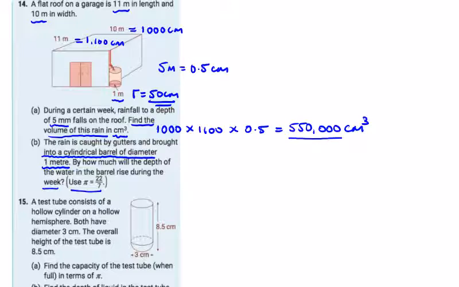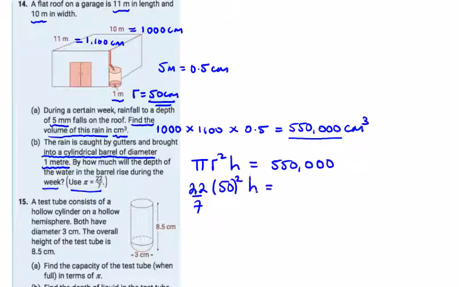It's 550,000 centimeters cubed. So we have a cylindrical barrel, so pi r squared h is equal to this 550,000. So we put 22/7 in for pi. We know that r is 50 centimeters. We're dealing with centimeters, so 22/7 times 50 squared times h is 550,000.